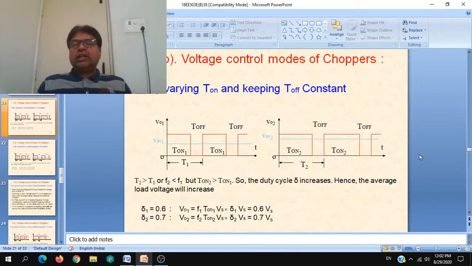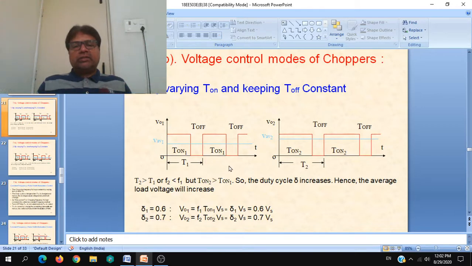That is, if you decrease the chopping frequency or increase the time period, load voltage increases. Instead of that, if you decrease the time period and increase the frequency, load voltage will be less. This is the average load voltage which is fed to the load, so it will decrease.